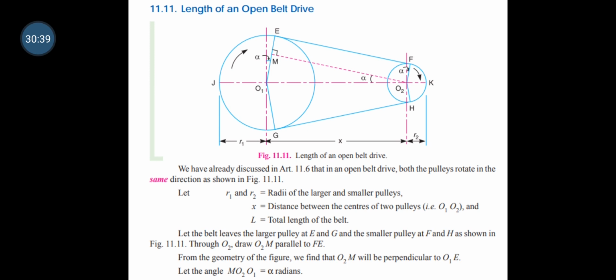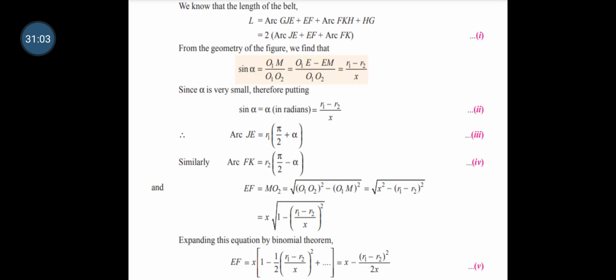From the geometry of the given figure, we know that sin alpha is equal to O1M divided by O1O2, so R1 minus R2 divided by X. Since alpha is very small, we put sin alpha equal to alpha, which is R1 minus R2 divided by X. Consider this as equation number 2.